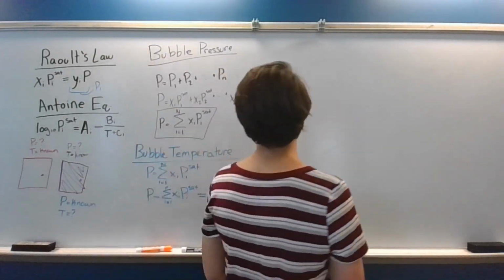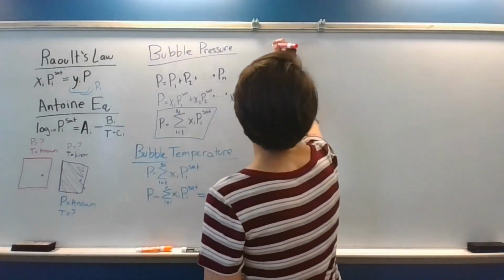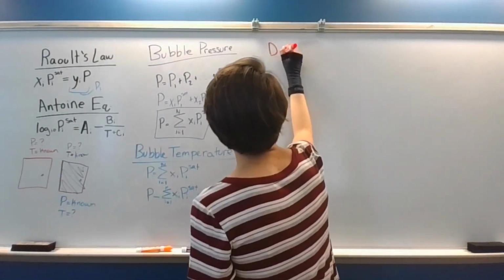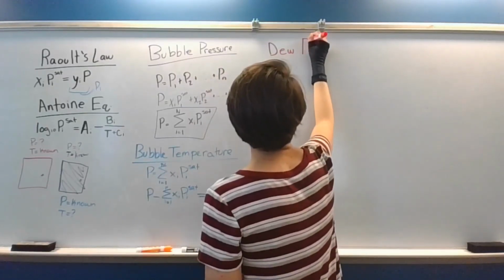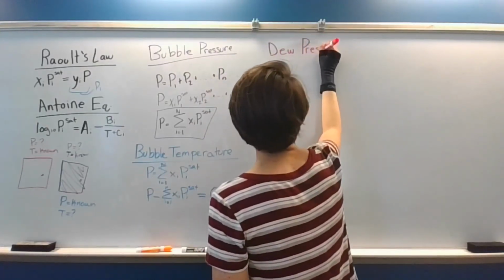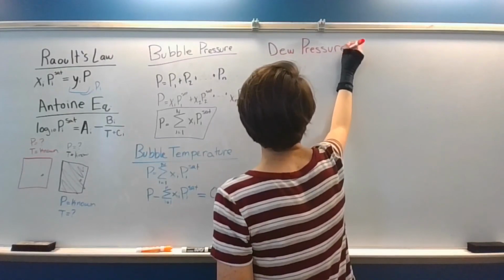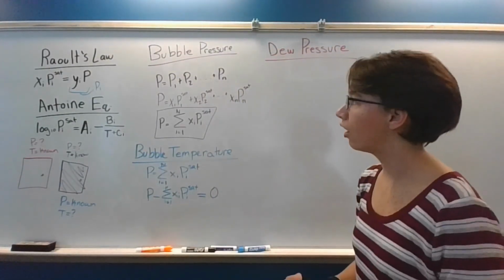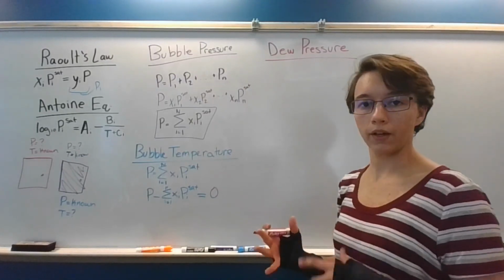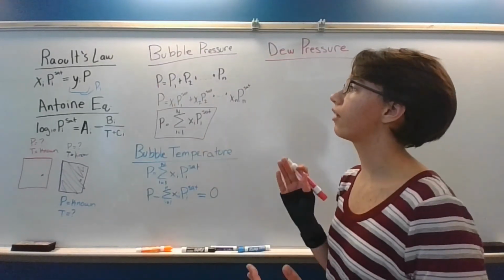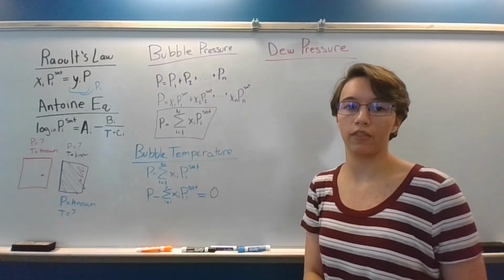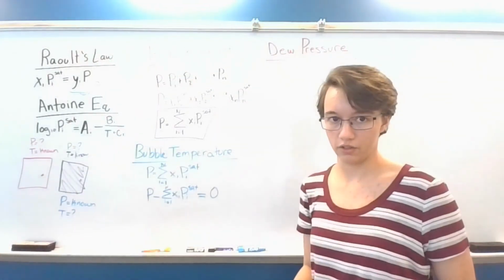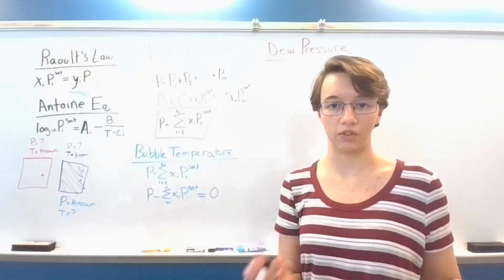Alright, so we call this one dew pressure. We're going to want to keep a couple things in mind. We're going to use Raoult's law, and we also want to remember that the sum of the mole fractions of every component is going to be equal to 1.